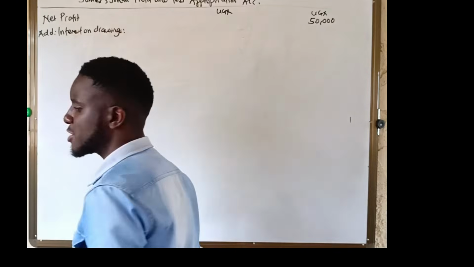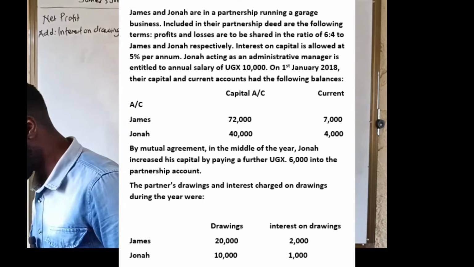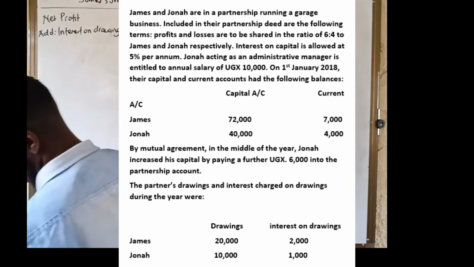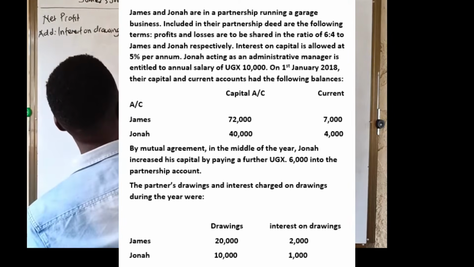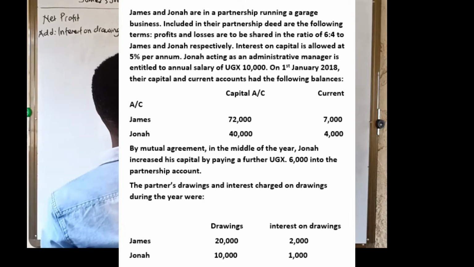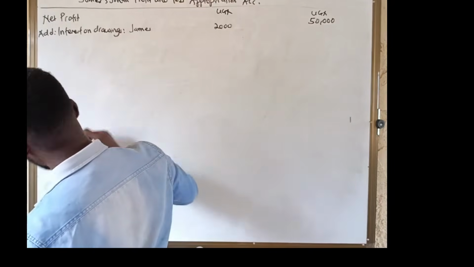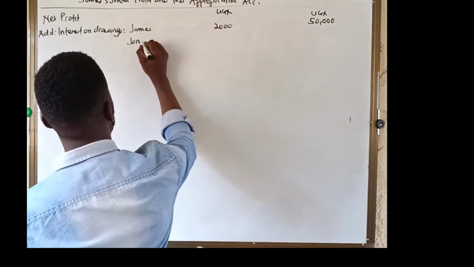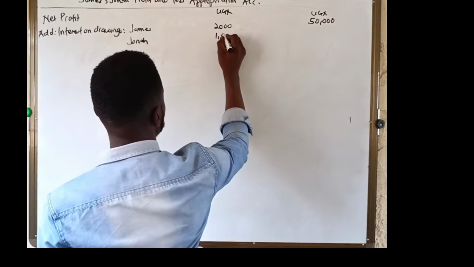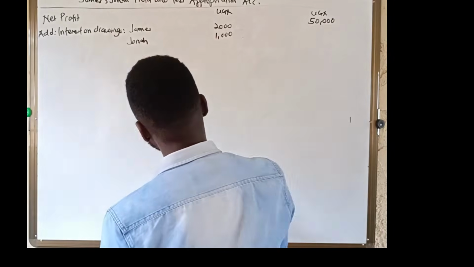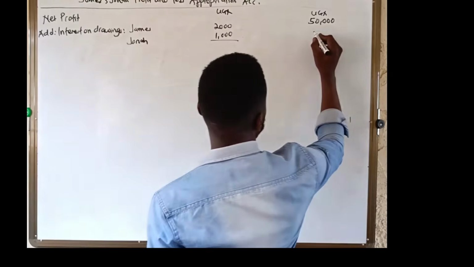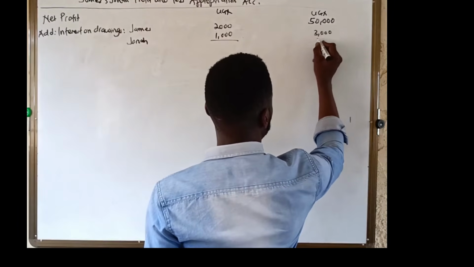Now, our interest on drawings, when you check through the question, you realize that for James it was 2,000. Then for Jonah, it was 1,000. So they give us a total of 3,000.